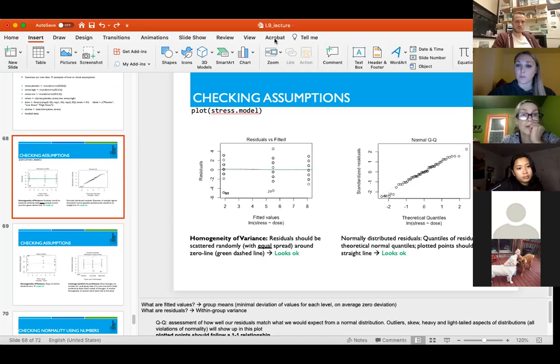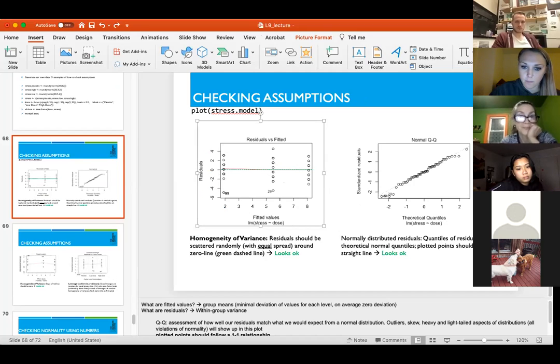Remember our QQ plots for the independent samples t-test, where we just used the QQ plot function? If you actually plot the ANOVA model that you create with aov, you can plot out both the QQ plot and the residual values. Let me go over there really quickly to show you that.